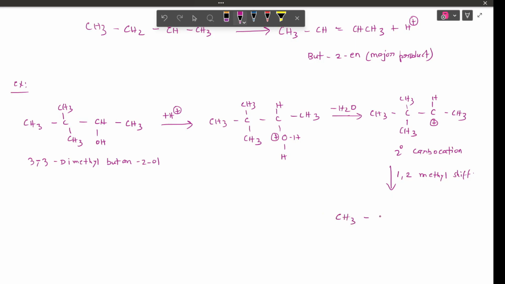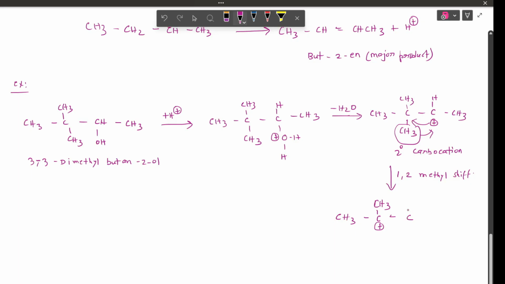This methyl will go here, and this carbocation will come here. So this will be plus CH, CH3, CH3.